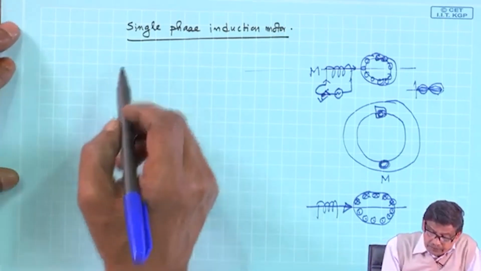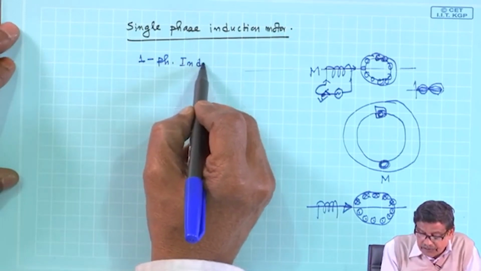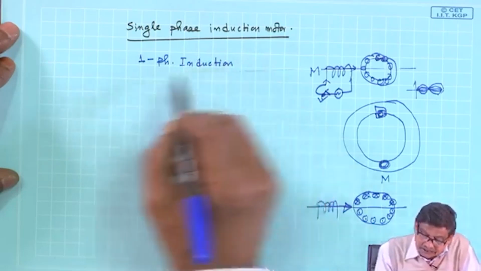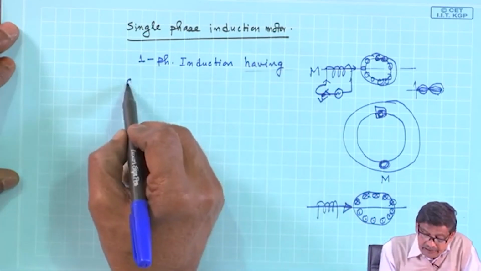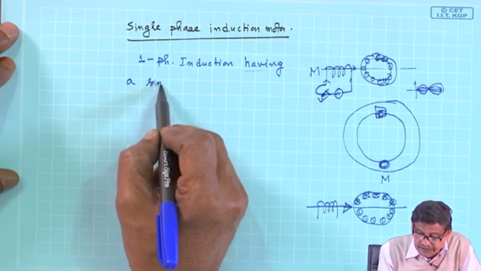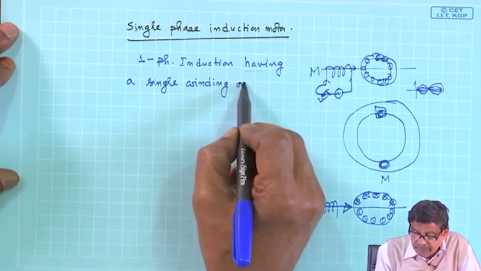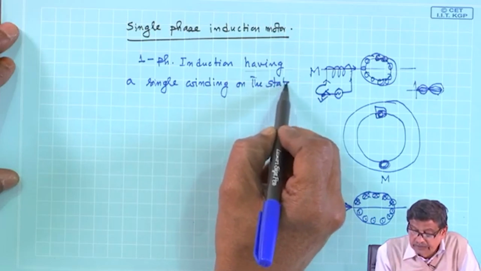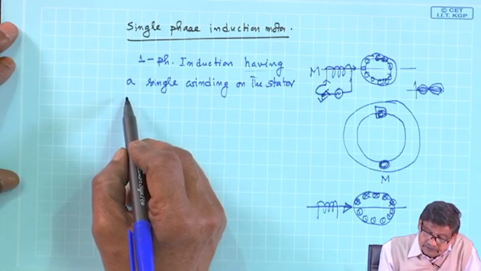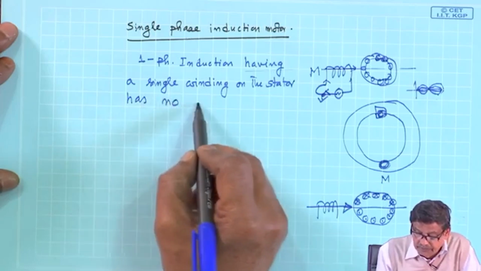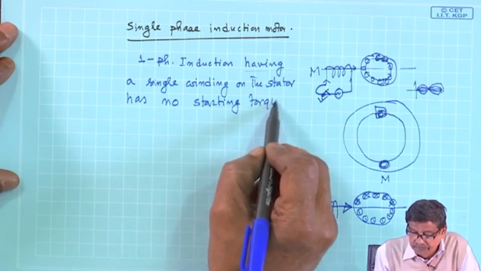And therefore people say, one big conclusion I am writing at the very beginning: a single phase induction motor having a single winding on the stator has no starting torque, no way.